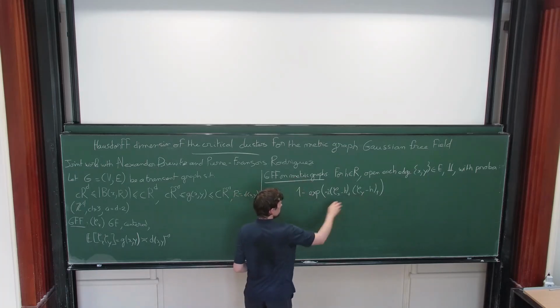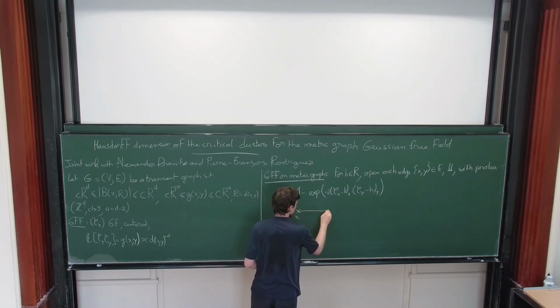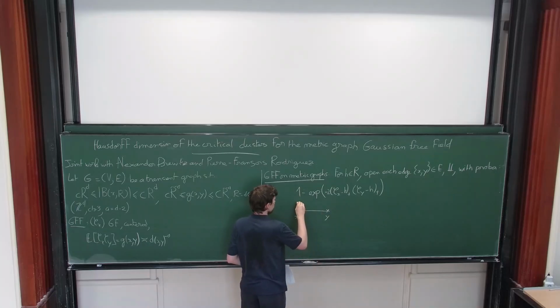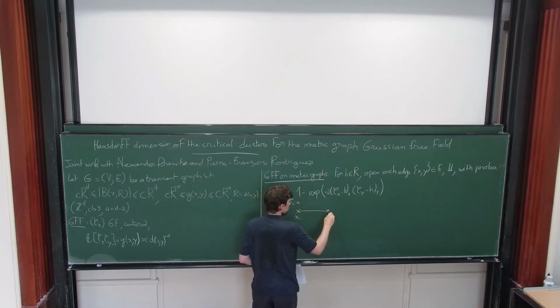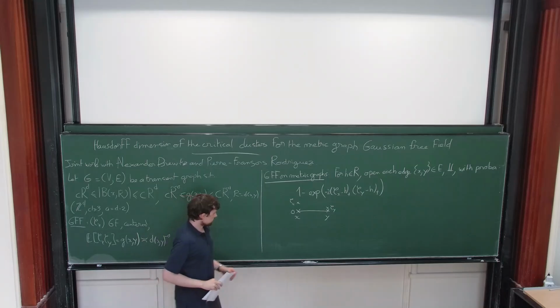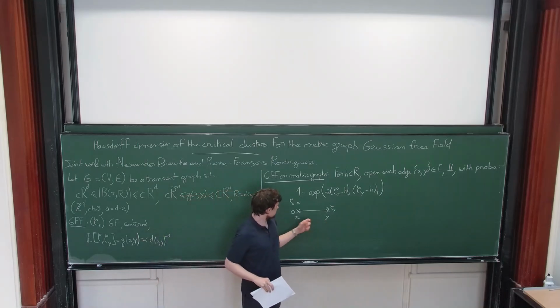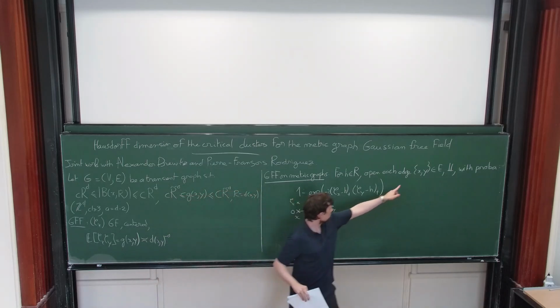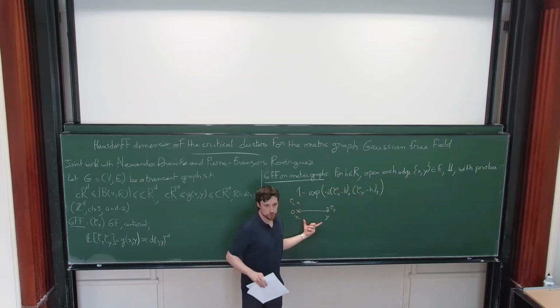So instead of saying I open it with this probability, what I do is I take my edge, xy, and I have a certain value for phi x, okay, and another value here for phi y. Let's say this is level 0 maybe. Okay, and then I replace this edge, which was just the points x and y, by a continuous interval. Let's say of length 1, depending on what kind of normalization you take.